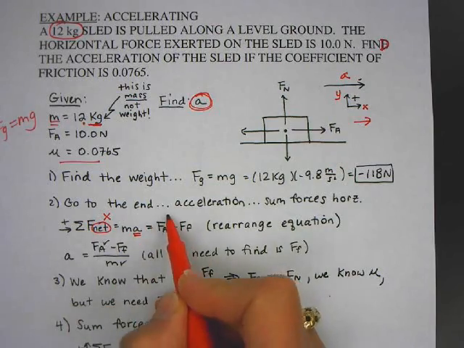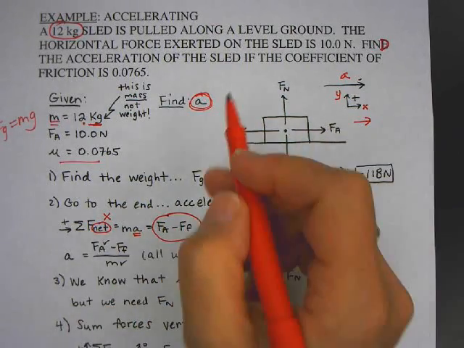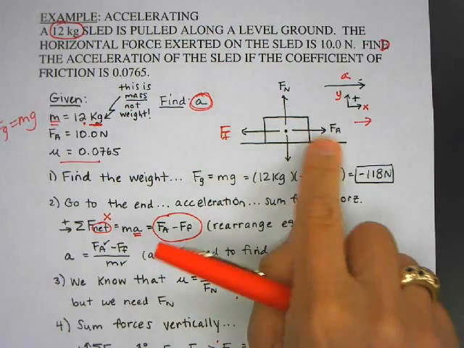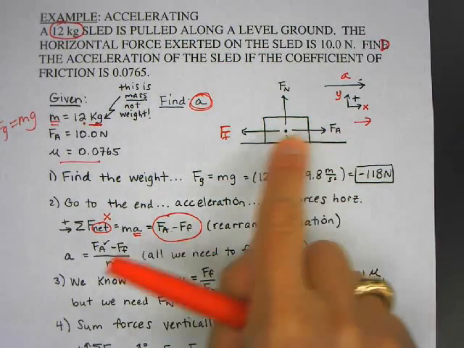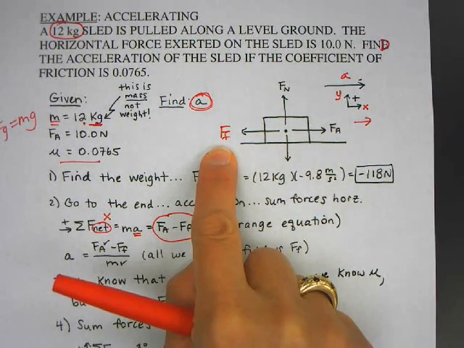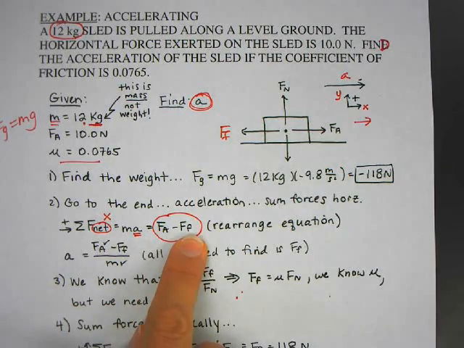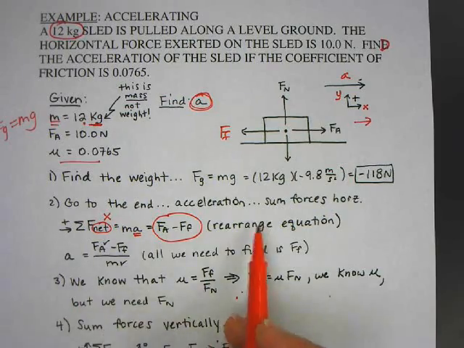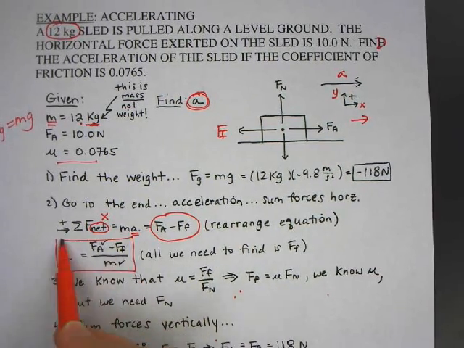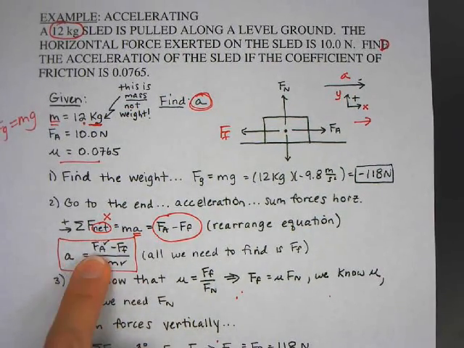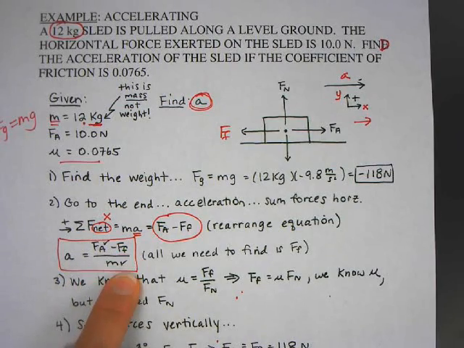Now what forces are going in the x direction? Well, this is where I look at my free body diagram. I have FA going this way, which is positive, and then the frictional force acts in the direction opposite of the applied force. So it's FA minus FF. When I rearrange this equation to solve for A, I see A is equal to FA minus FF over m.